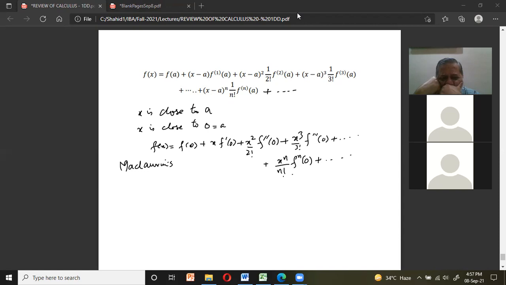But Taylor formula. You haven't studied this before, and this is one culmination point of the study of differential calculus.